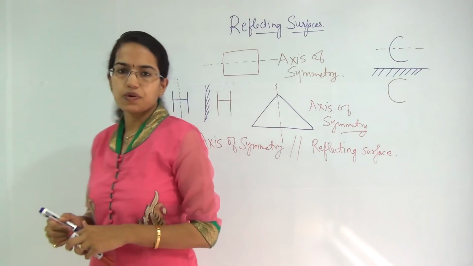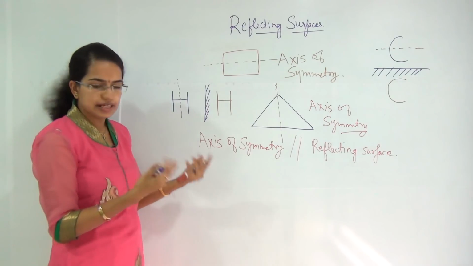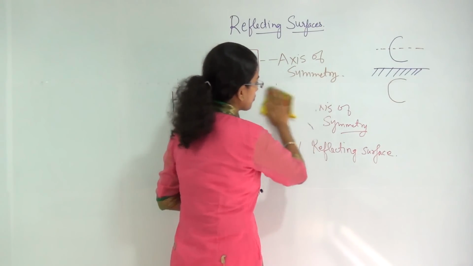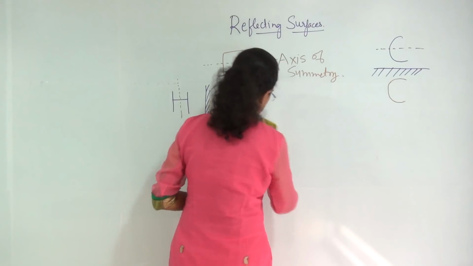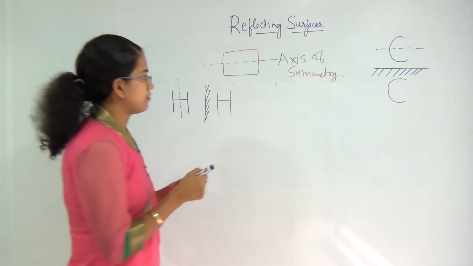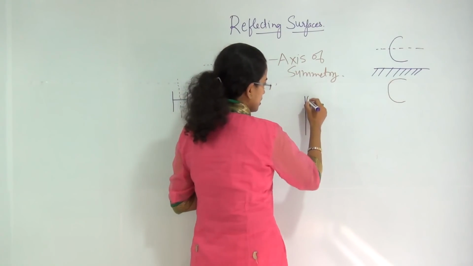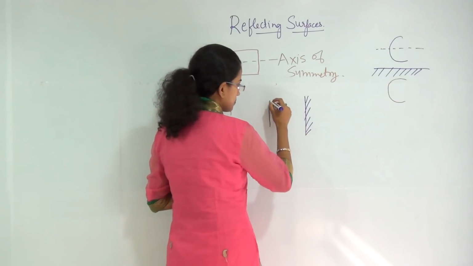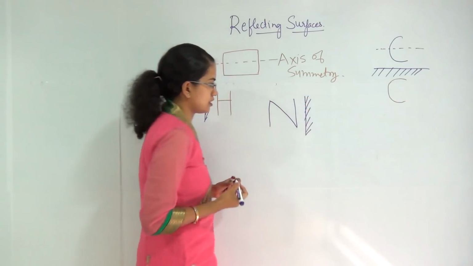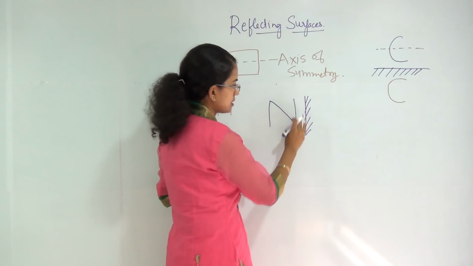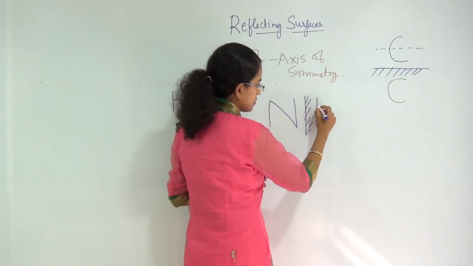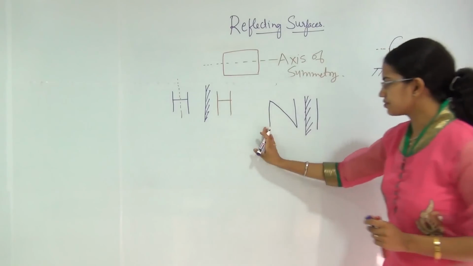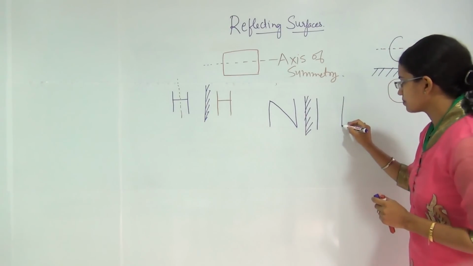Now if I want to draw any letter, say for example N, in the mirror, what would happen? You have a mirror here, and I have a letter N here. This line which is closest to the mirror would remain the closest. This line which is farthest from the mirror would remain the farthest.